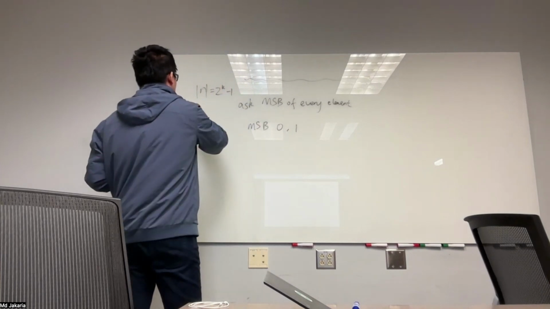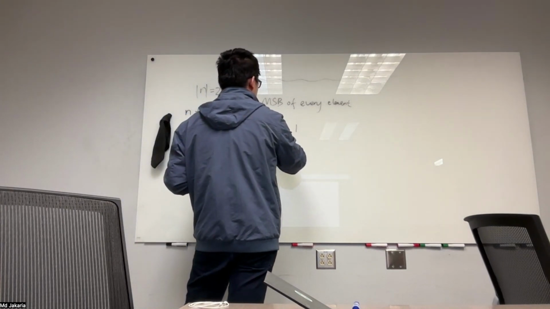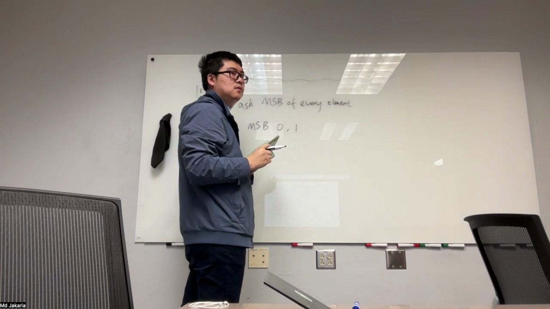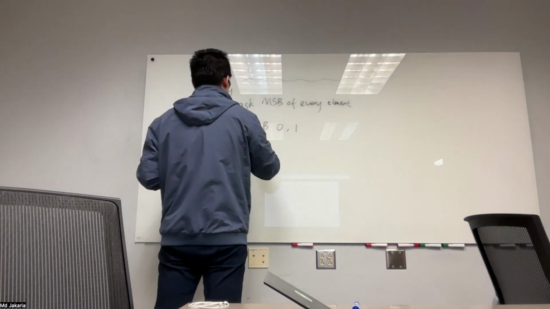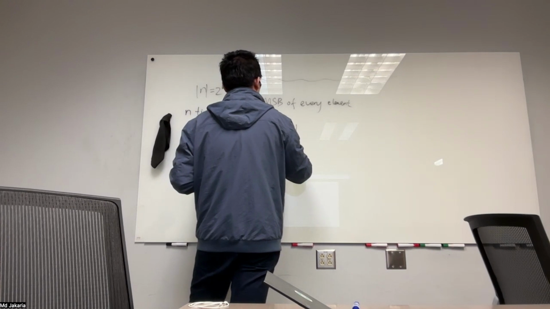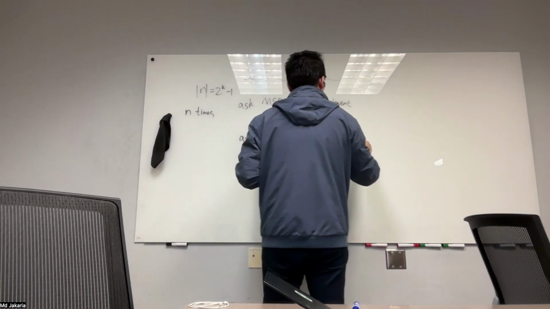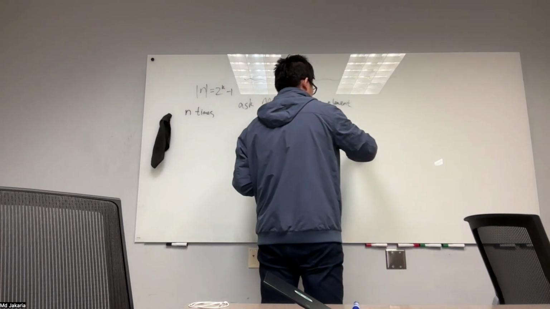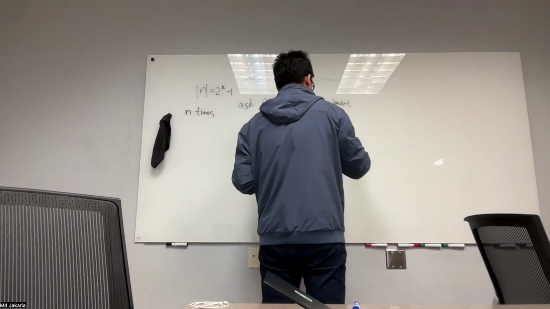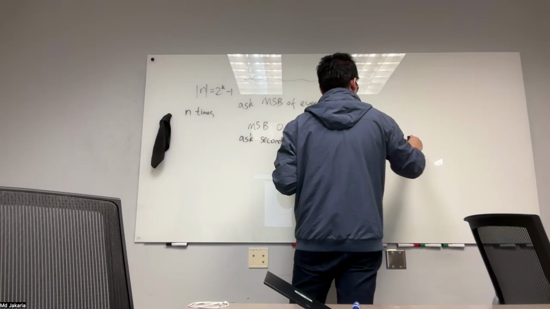So we have asked n times so far. The next step is to look at all of the numbers with the most significant bit of 0, and then ask all of them the second significant bit.